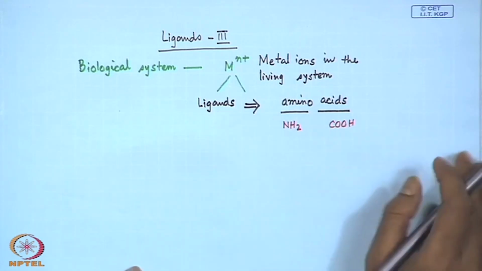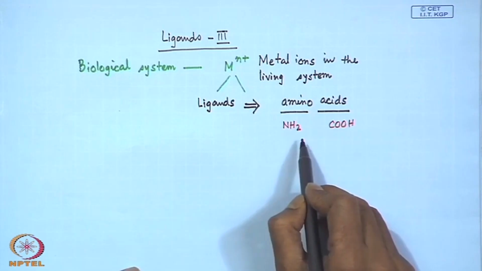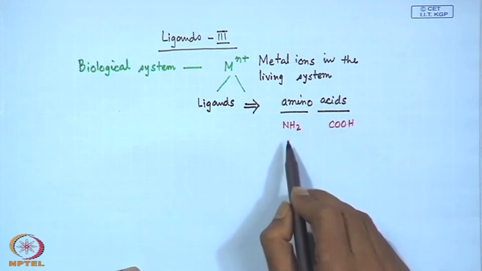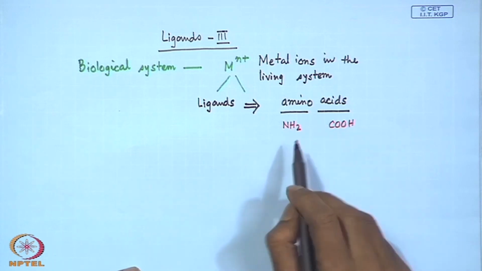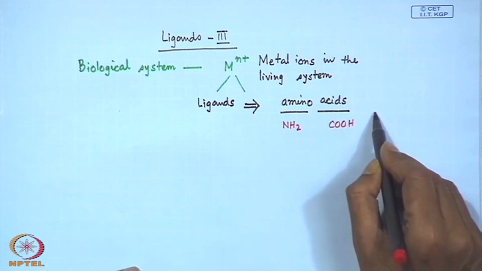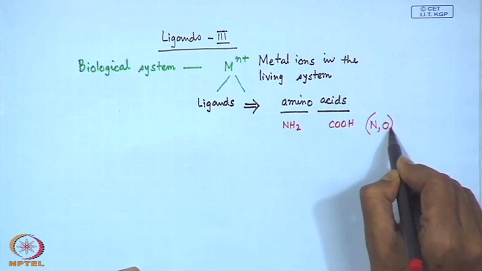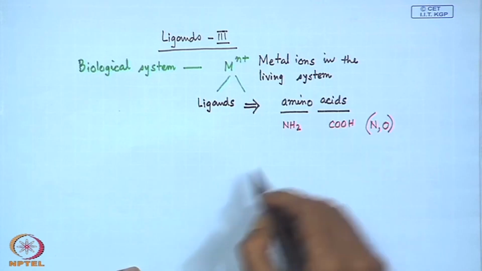And we all know that if we have certain species, the NH2 function as well as COOH function, and if both the groups are participating to bind the metal ion, we basically get a ligand system which can be considered as a bidentate ligand.